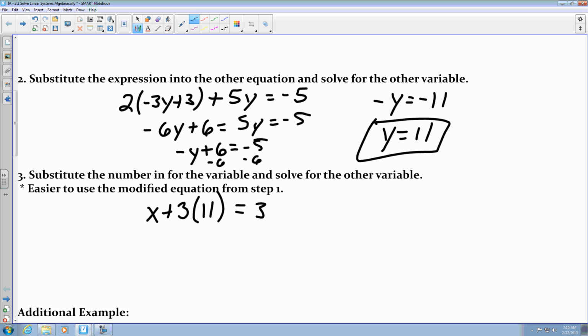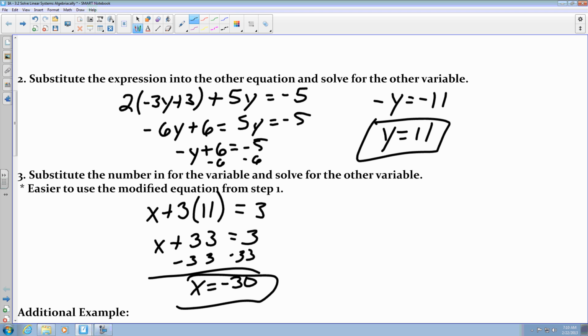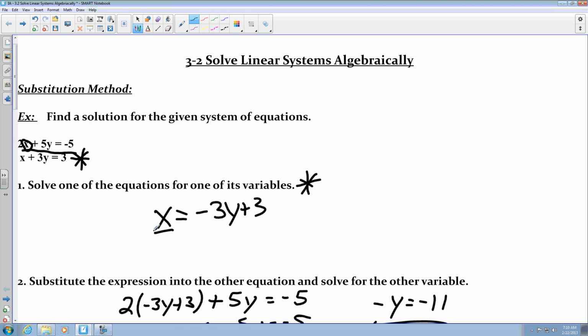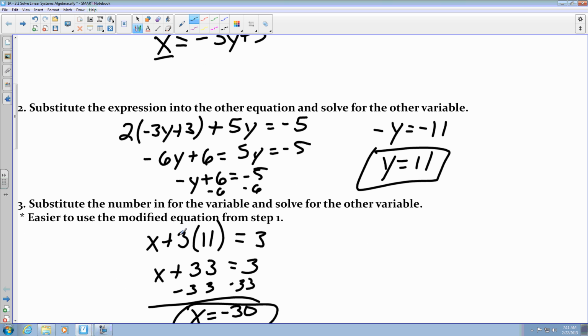And that equals 3. So x plus 33 equals 3. Subtracting 33 from both sides, I get x equaling -30. Now to prove that those things are correct, I just substitute in my x and y to see if they work for both equations. They do.